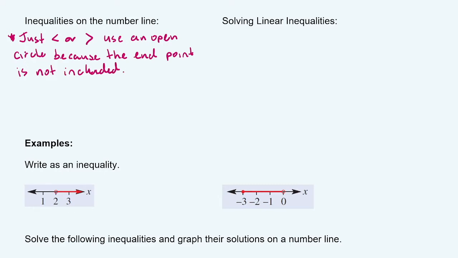If it is a closed circle, the endpoint is included.